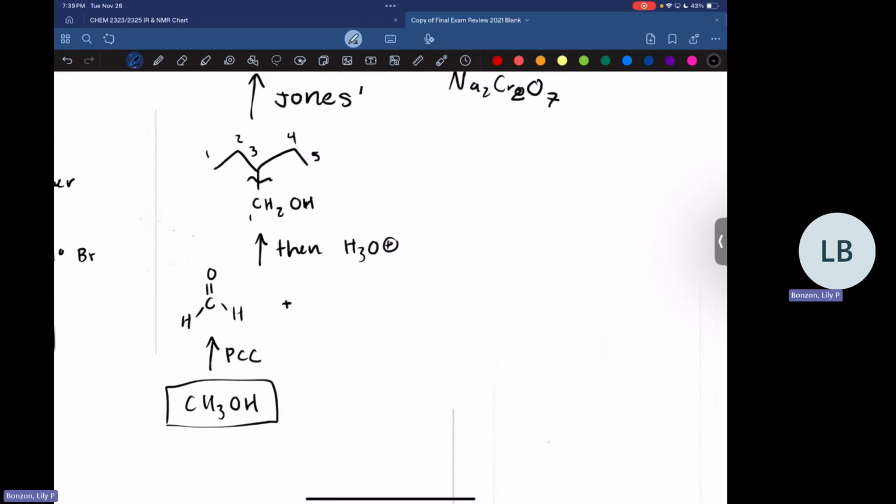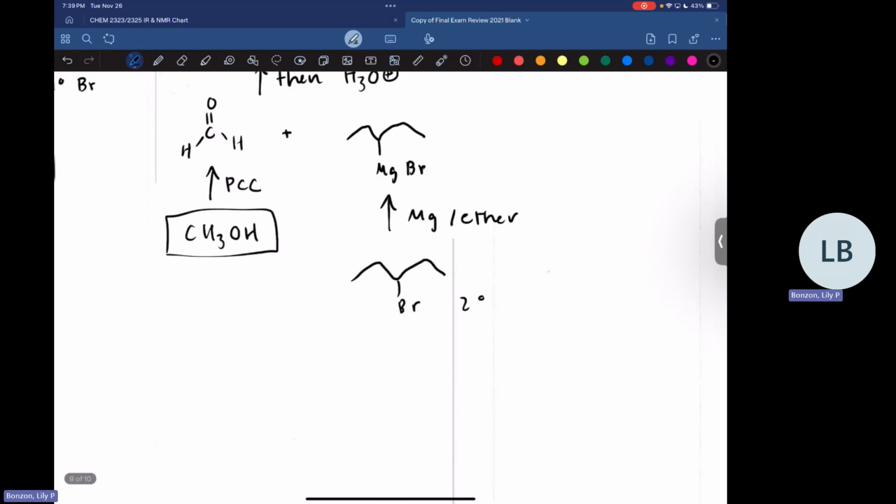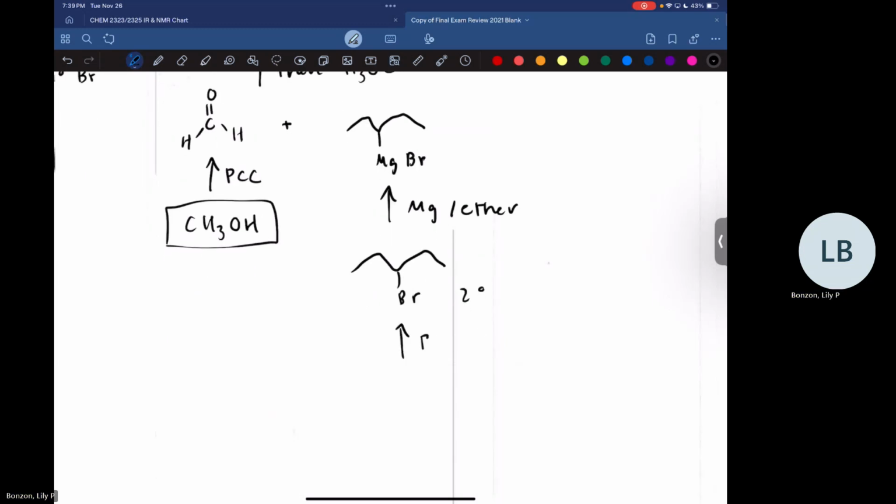And the other half was the 5-carbon piece, which is going to be our Grignard. We have MgBr. We're going to do Mg ether to turn that back into the halide. And this is a secondary halide, so we can still do PBr3. And that will give us a 5-carbon alcohol.